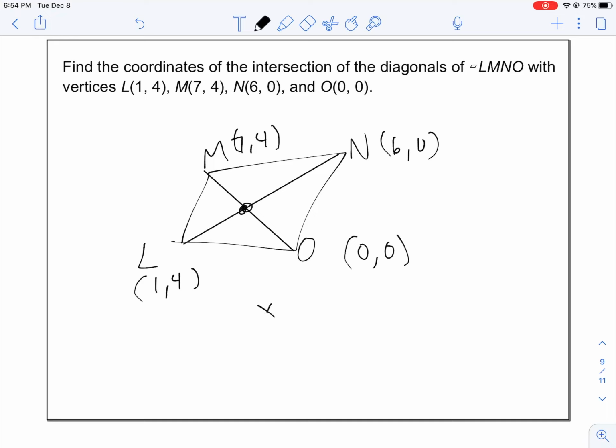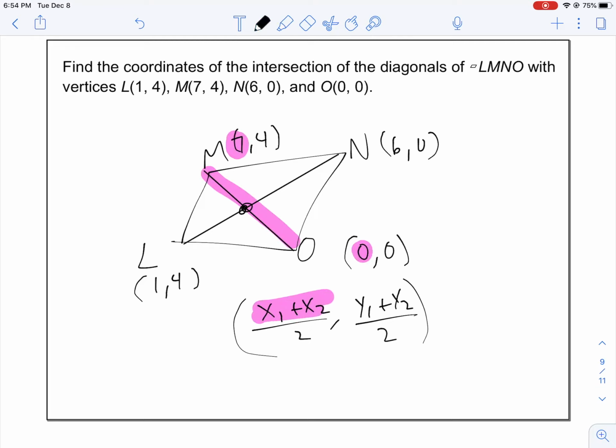Well, if we remember, midpoint is x1 plus x2 divided by 2, comma y1 plus y2 divided by 2. So let's just find this one. So it's going to be 7 plus 0 divided by 2, comma 4 plus 0 divided by 2.